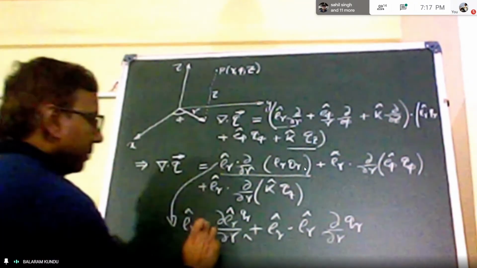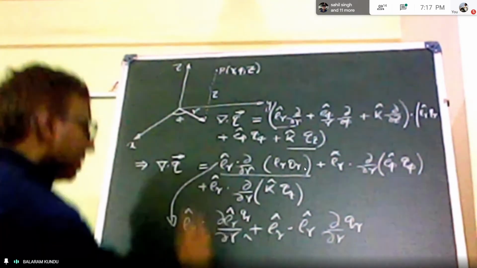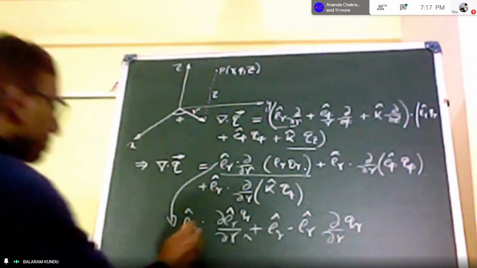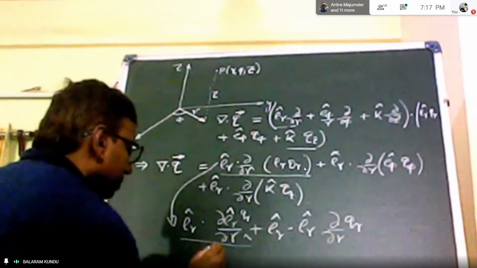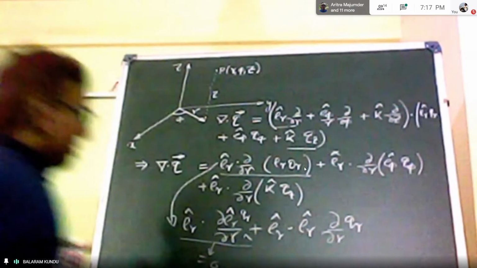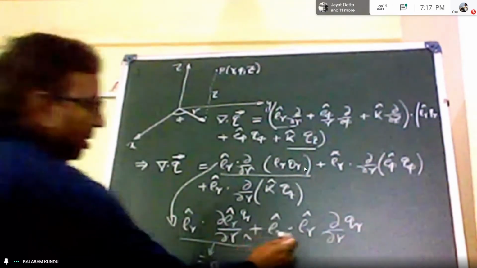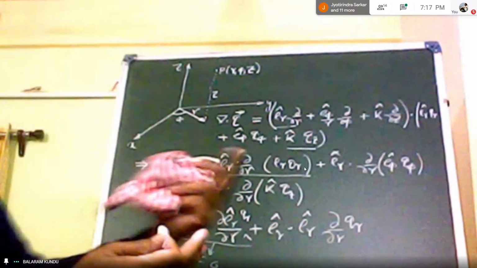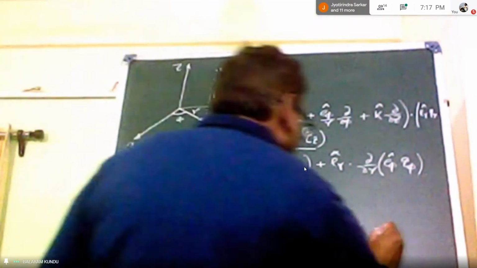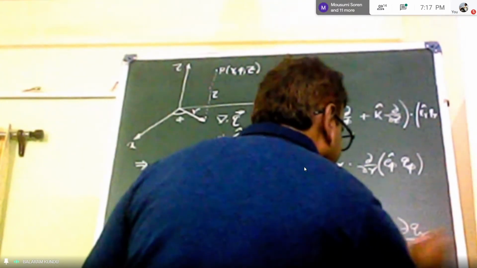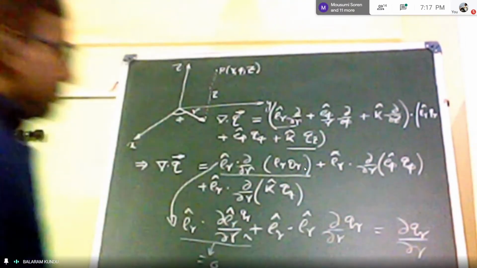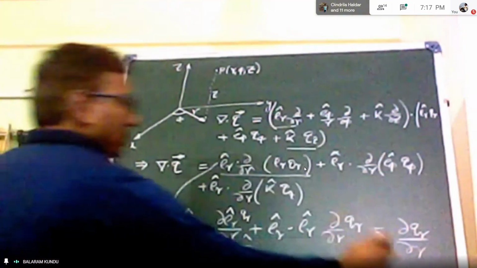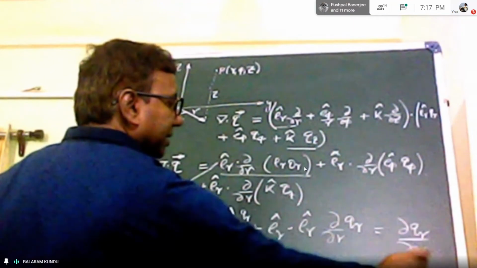As it will not be e_r, this term vanishes. This term should be 0, and only e_r dot e_r, which is 1. So from this expression we will get del q_r by del r.